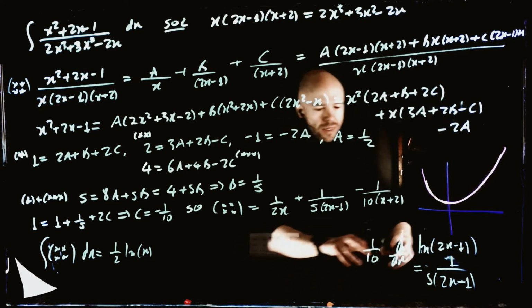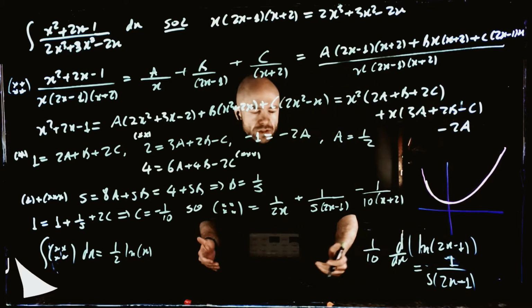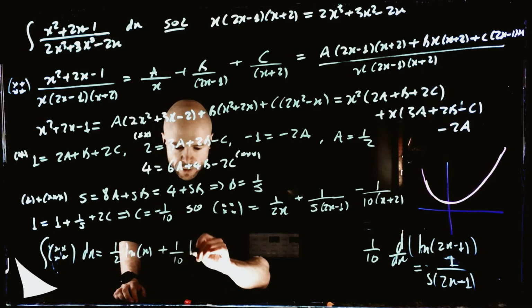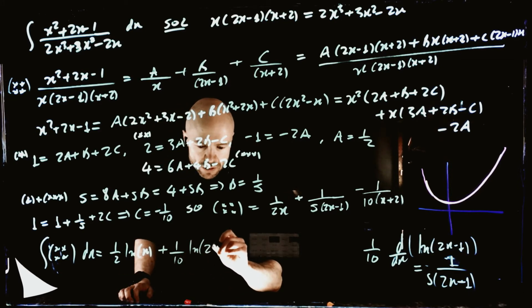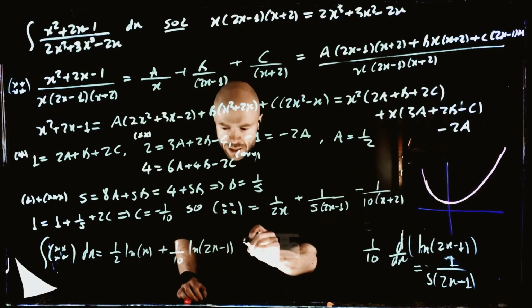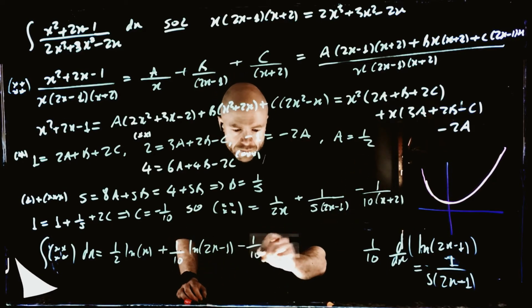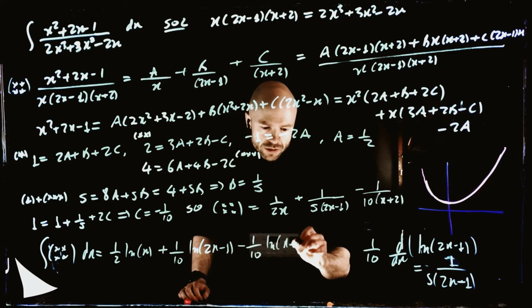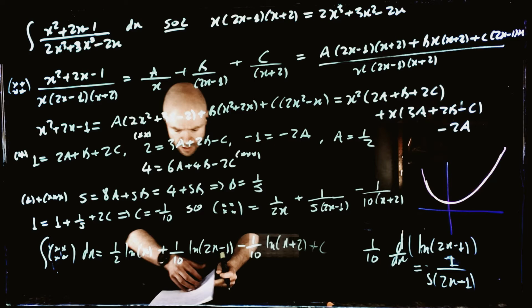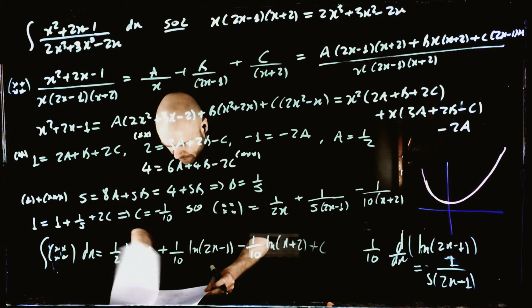So that means that the antiderivative we require is going to be 1 over 10 log of 2x minus 1. And the same story for this thing. What we need is minus 1 over 10 log of x plus 2, and then there's a constant c right here. And that should be it.